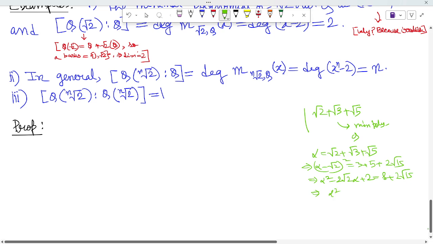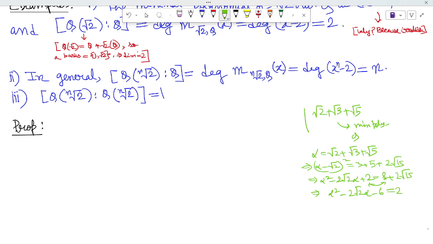So it is alpha squared plus 2, and if you take the constants to the other side, minus 6 equals 2 root 15. Again you are squaring here. If you square here, then one third will be eliminated and something will be left.